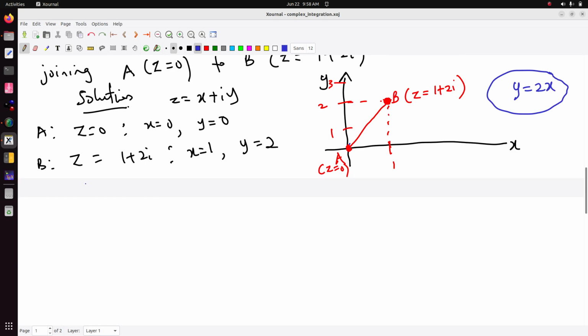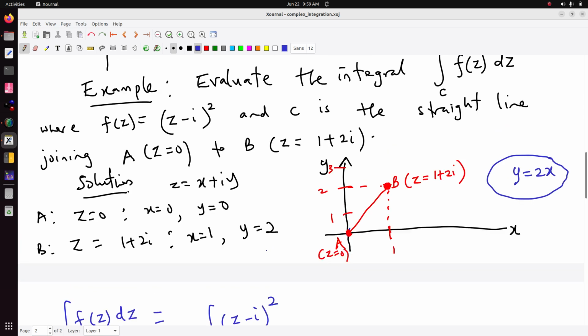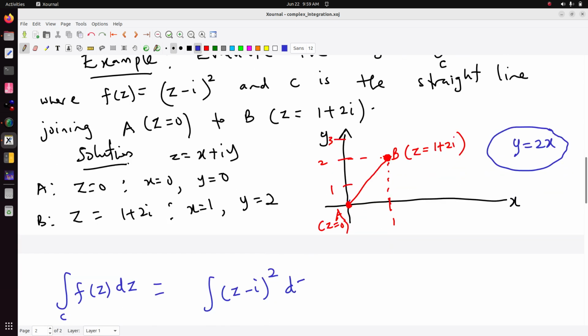All right, so our integral, the integral of f of z dz, is the integral of z minus i, squared, dz.